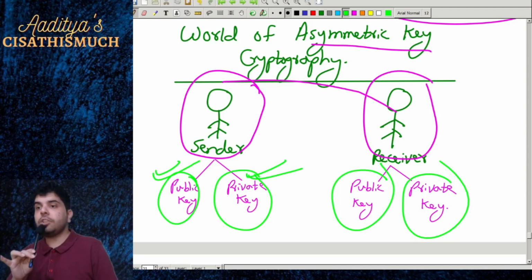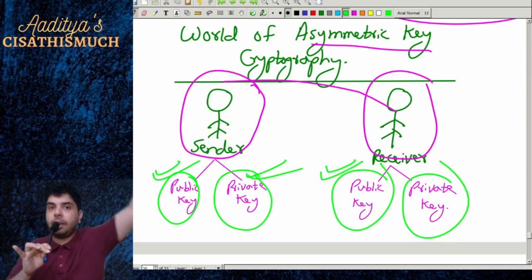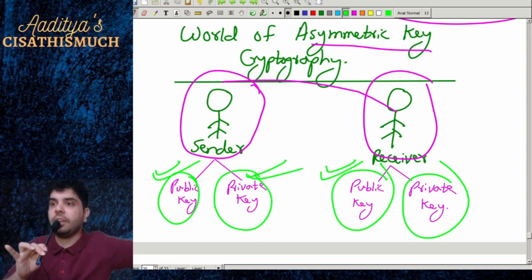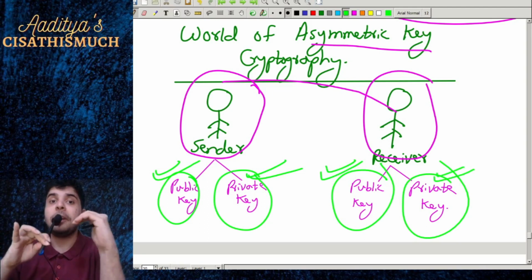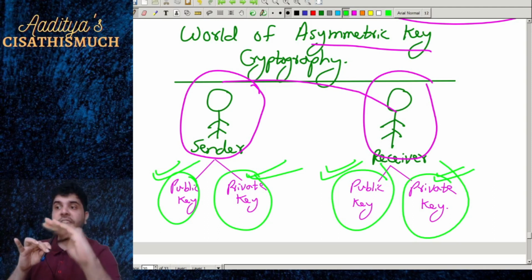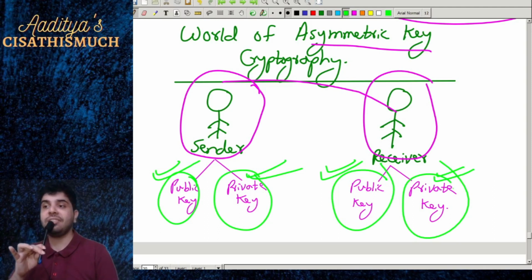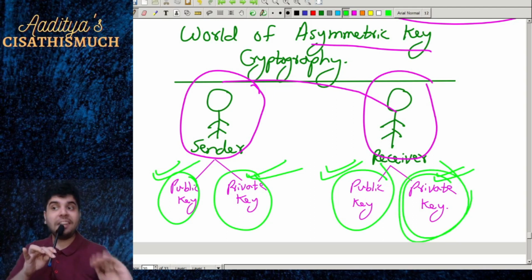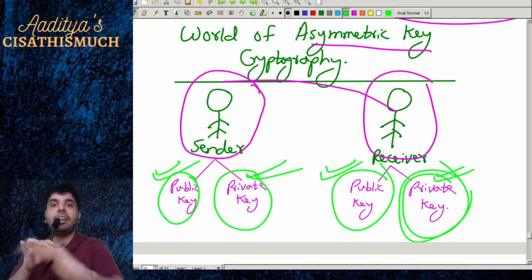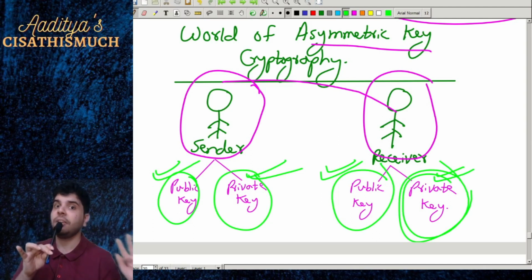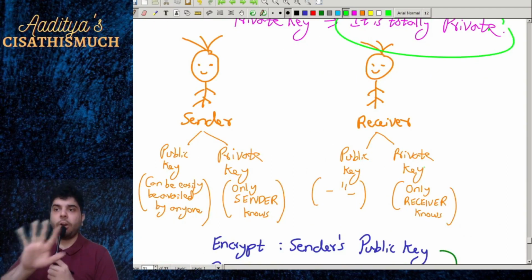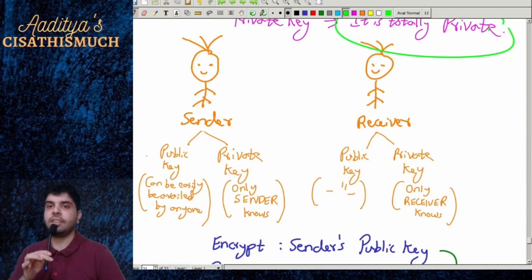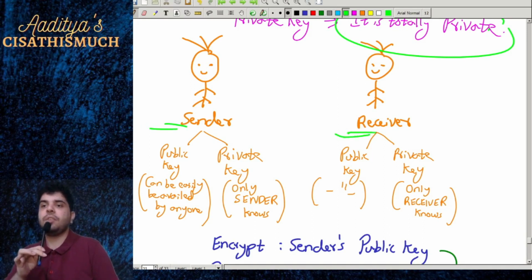Similarly, the receiver's public key is available to the public. Anyone can get that particular key, but the receiver's private key is not available even to the sender. The receiver's private key is fully private. No one has access to this key. Only the receiver knows his private key, no one else, not even the sender. So till now, we have discussed that there is a sender and a receiver.